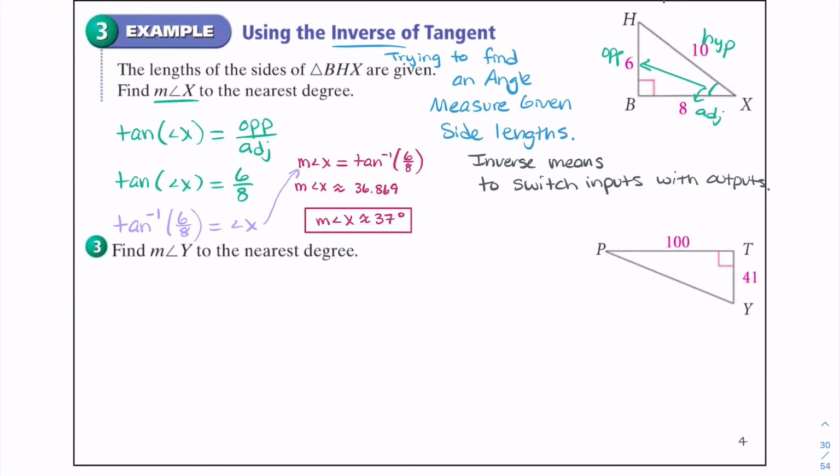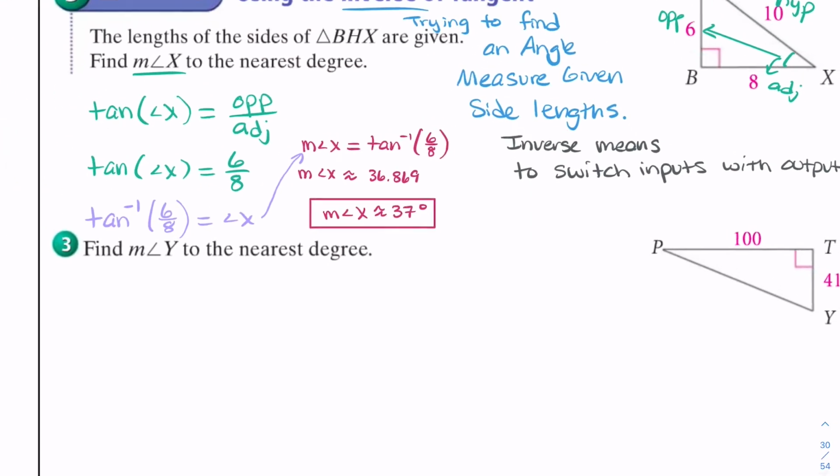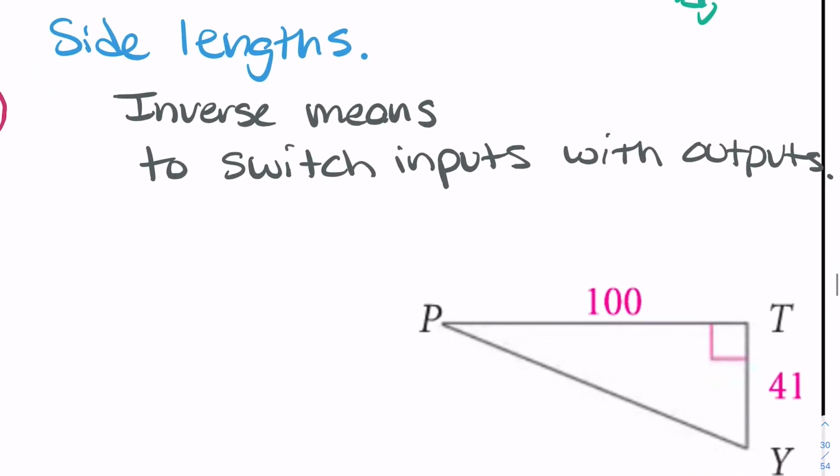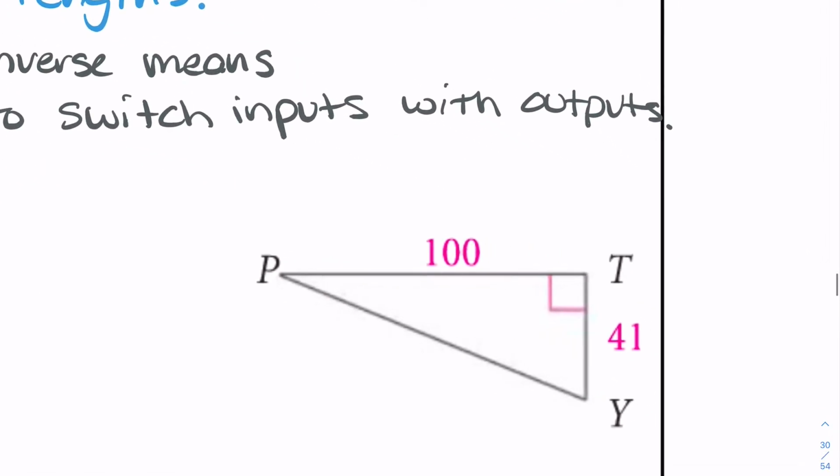All right, this next one, we'll do the same thing. We want to find the measure of angle y. So angle y is here. This is always the hypotenuse, opposite the right angle. This one will be opposite. Look how far away it is. Here's our adjacent.